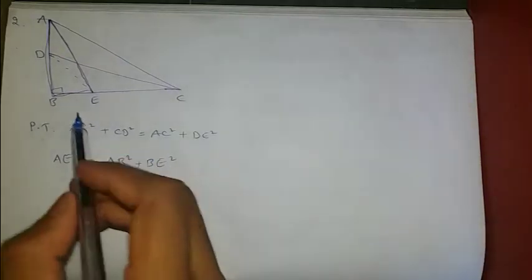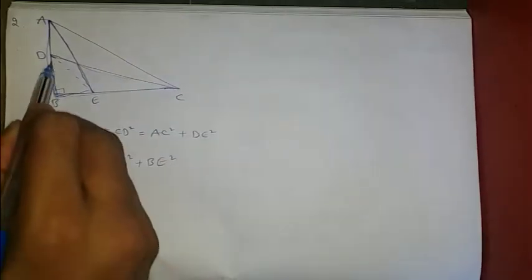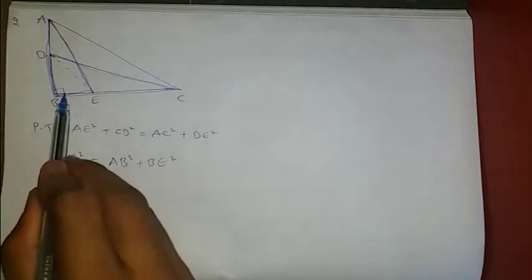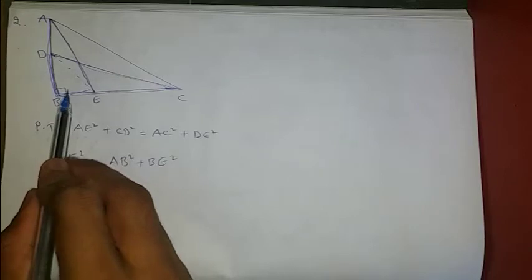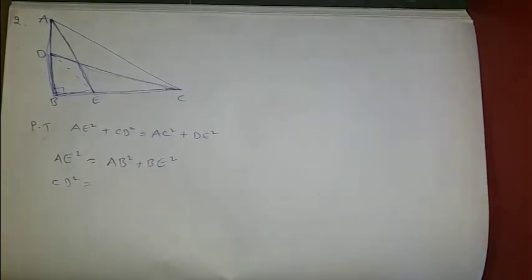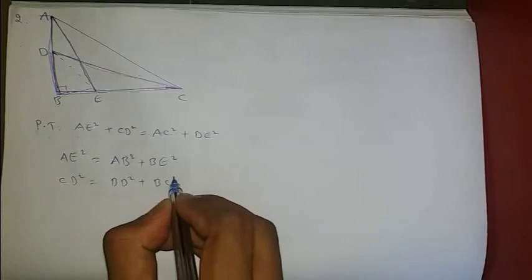Next, again one more triangle I will take, the BCD triangle. Again at point B it is 90 degrees, so again I will apply the Pythagoras theorem. So CD square is equal to BD square plus BC square.